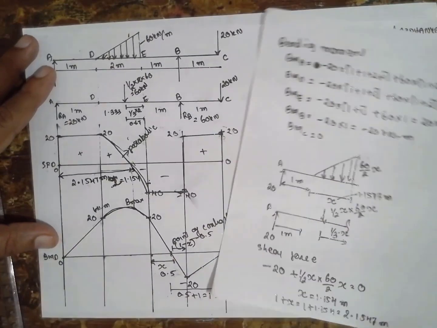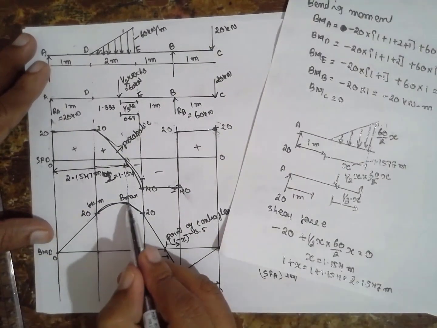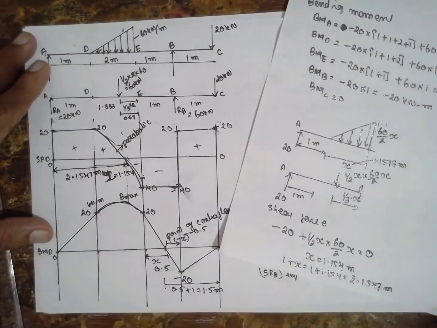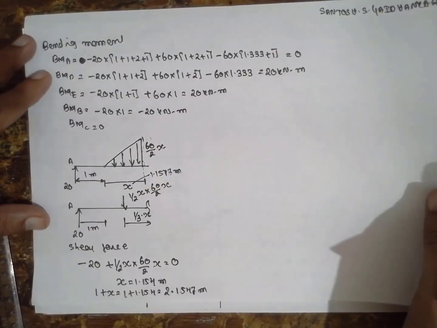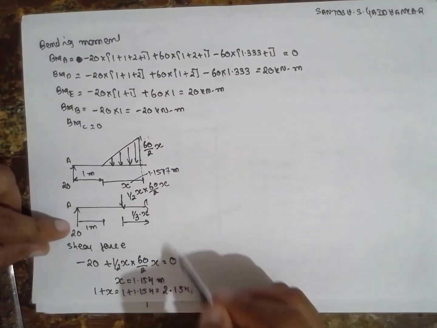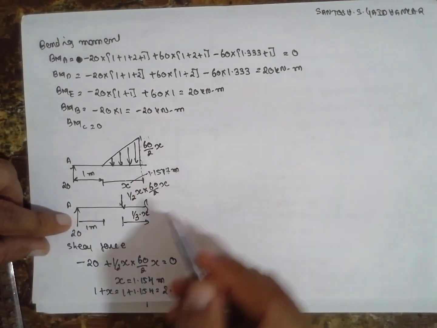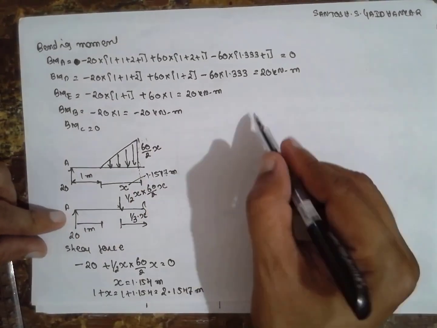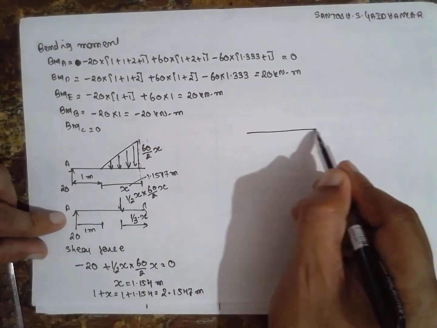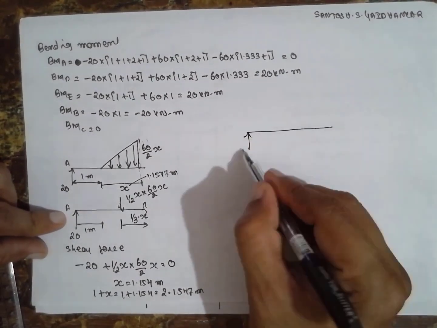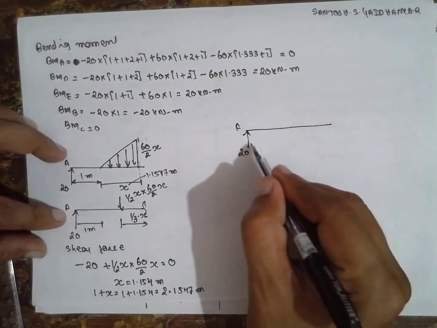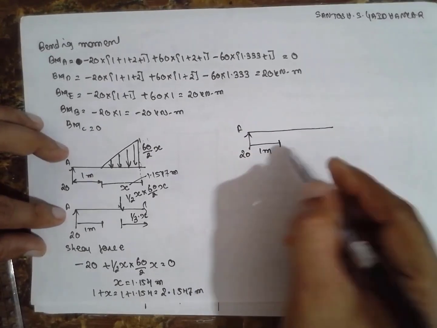Okay, now we have to consider the maximum bending. Now I'm considering the maximum bending here. Same position I will use. In place of x I will substitute the value so that I will get the answer. I will go for the bending equation here. Same equation I will use. Here this is 20 at A, 1 meter.